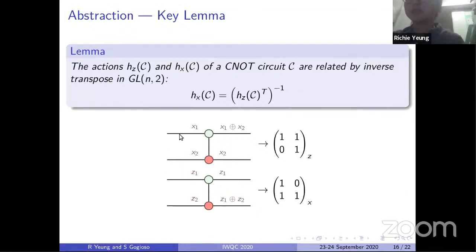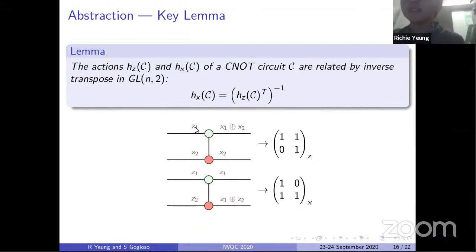The way to see this is, if you have a Z phase gadget passing through on the top, then you have 1, 0, and when it comes out, it's unaffected. But here, if you have a Z rotation passing through, then you get a 2-legged phase gadget. And that is precisely what is described by this binary matrix. On the other hand, if you had a red rotation, an X rotation, if you may, the opposite happens. You get the transpose here.